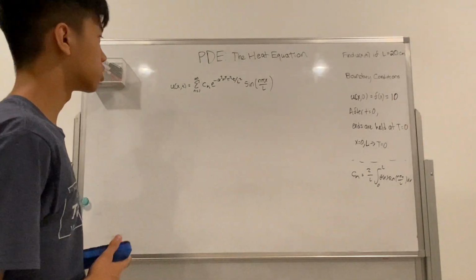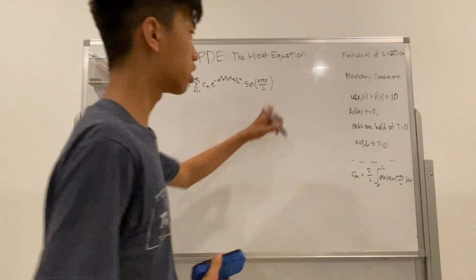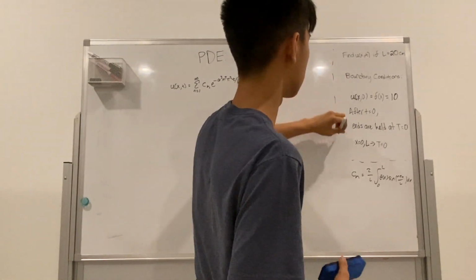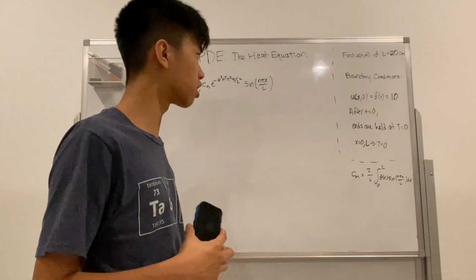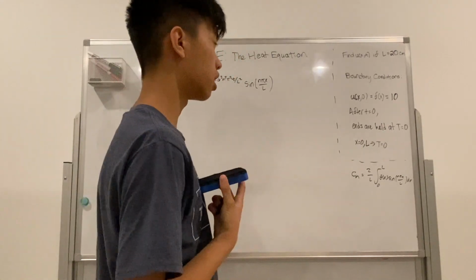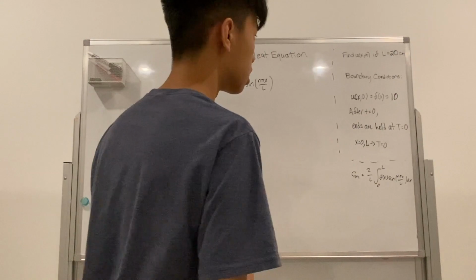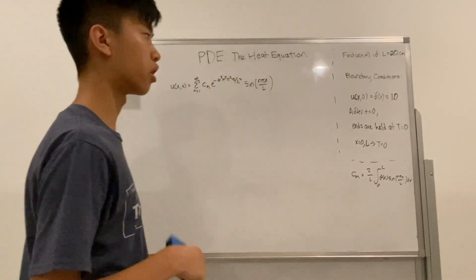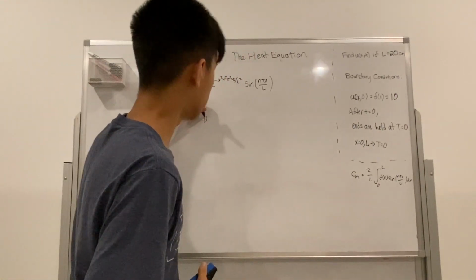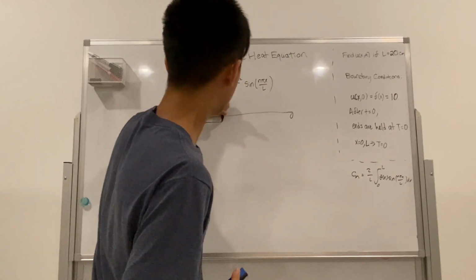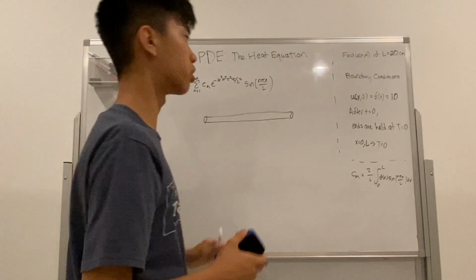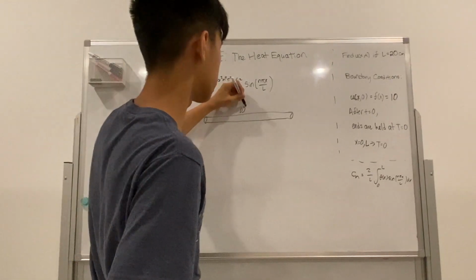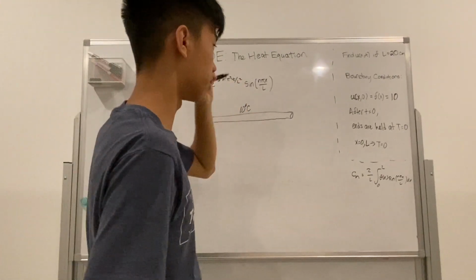Okay, so let's say we have this problem. Find u of x, t if the length of the bar that we're looking at is 20 centimeters. The boundary conditions are, well, let's say we have this bar here. Before any of the heat conduction starts, so t equals 0, everything is at 10 degrees Celsius, every point in the bar.